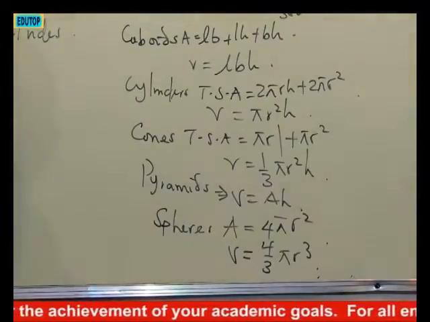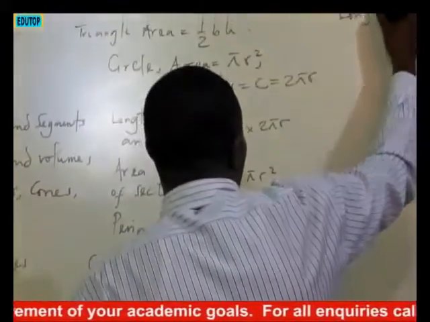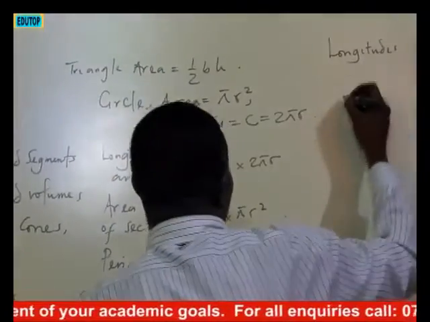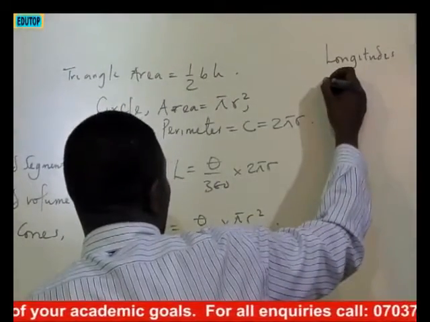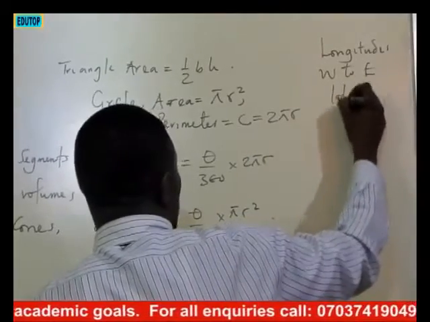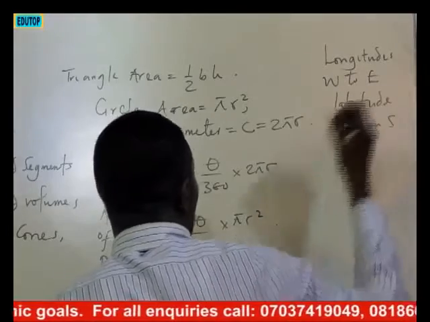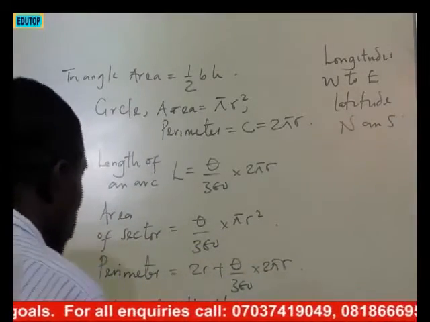Then on longitude and latitude, this one is not far-fetched, which we ought to have learned in our previous lessons. Because when you are talking about longitudes, we are talking about the direction from west to what? East. While latitude will tell you more about your north and your south pole. So that is simply on that.